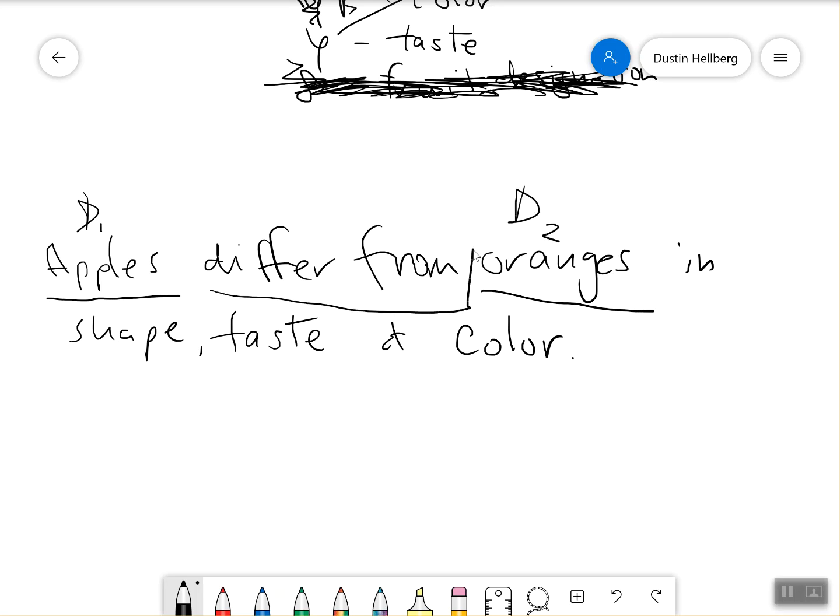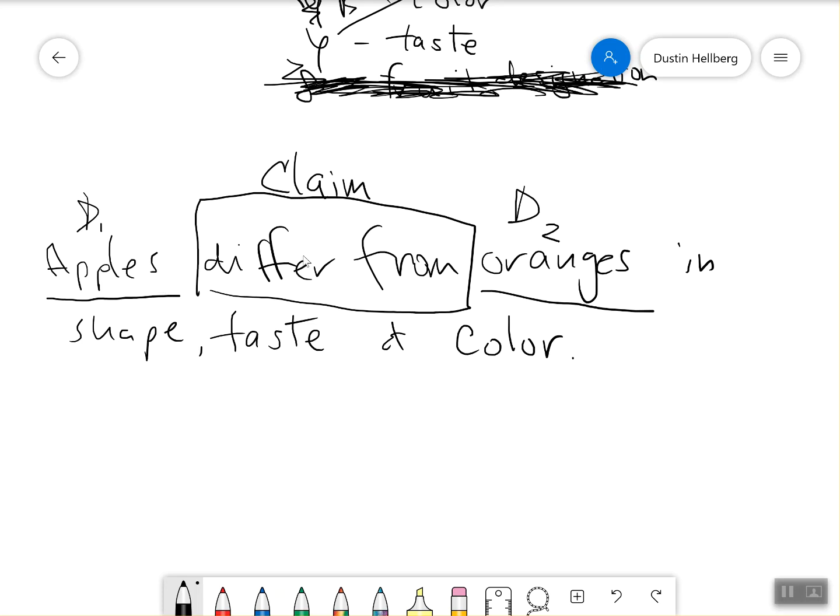Now, differ from: notice here, I can say this sentence in many different ways. This is up to you. It's a stylistic consideration. But this is my claim. This is a comparison and contrast. I'm comparing apples to oranges, and I'm saying they are different. I could have said this sentence in many different ways.